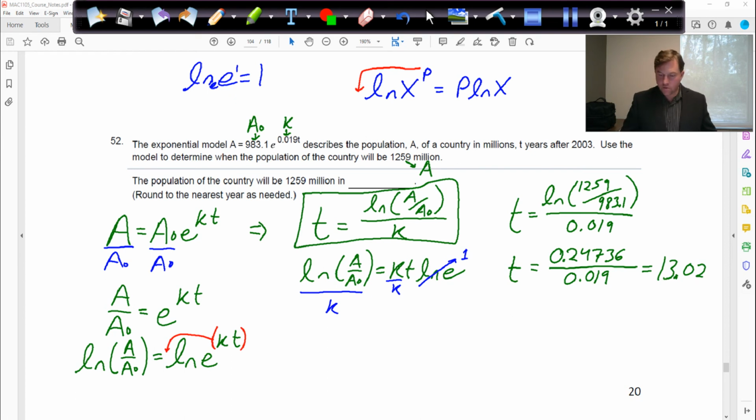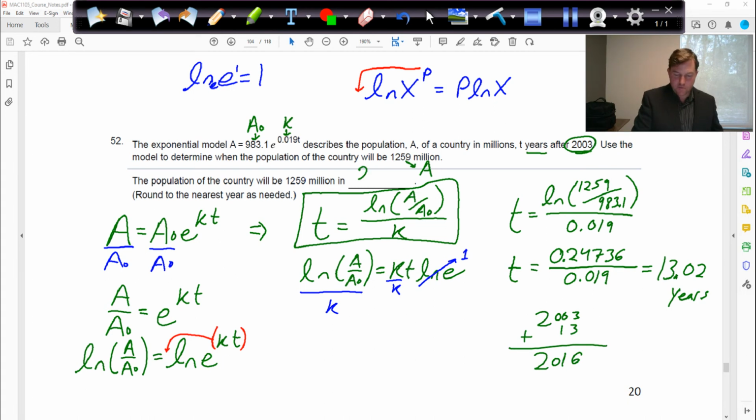And so this means it's been 13 years. So if they're talking about years here, our units are years, so this time will be years. Now the last little hiccup for this one is they want the calendar year. So if our population starts in 2003, and we're predicting 13 years later is when we're going to have this population reaching 1259, the final answer is going to be 2003 plus 13, which would be 2016.